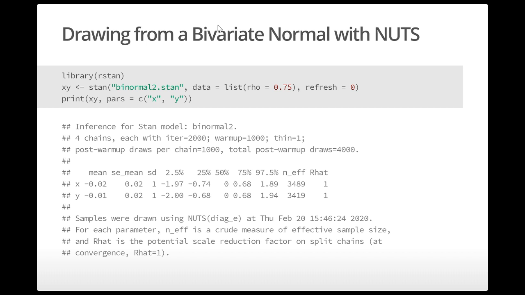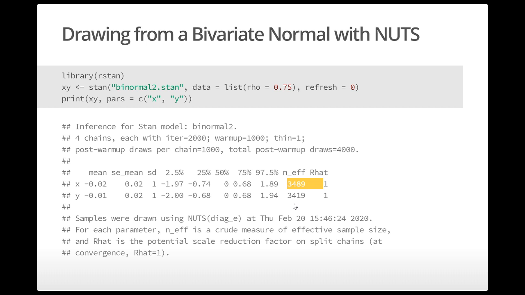And you do that, it compiles, then it runs really fast, and we get good estimates of the mean of x and y, which are 0 in truth. We're getting good estimates of the standard deviation, which were 1 in truth, and we're getting an effective sample size that's like 3,500 on a nominal sample size of 4,000.